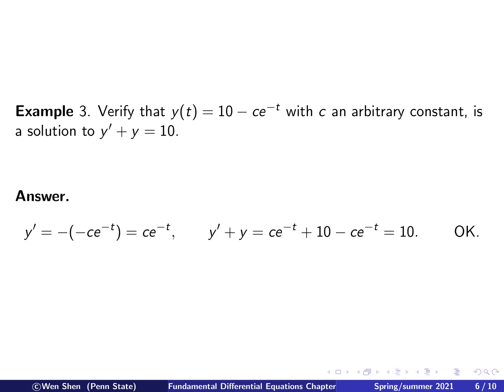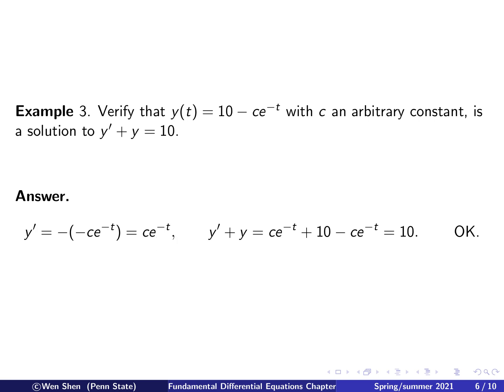Okay, so all we need to do is to see if this satisfies the equation. Okay, so in the equation we see that we have y prime. Let's compute the y prime where y is given here. So if you differentiate this, what you get is this term here differentiated in t, which just picks up another negative sign. So it's c times e to the negative t.